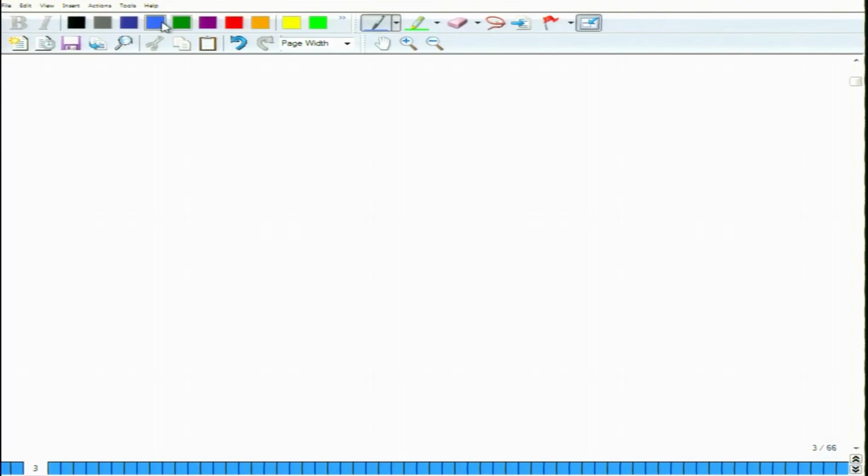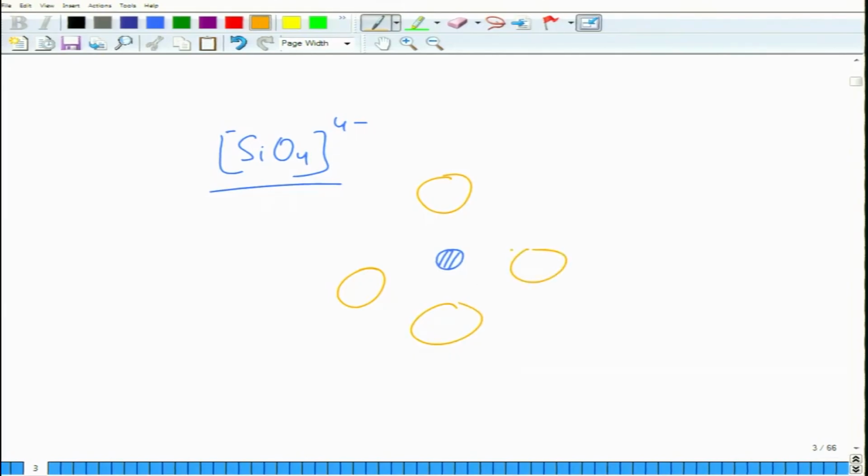Silicate tetrahedra, if you recall, are basically SiO4 4 minus tetrahedra, because each silicon atom is coordinated by 4 oxygen atoms. So, if this is oxygen, this is silicon, and then you have the bonds between these.